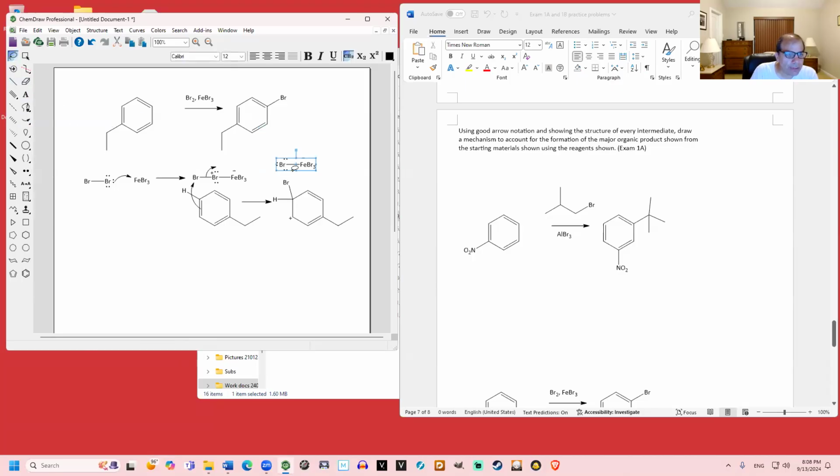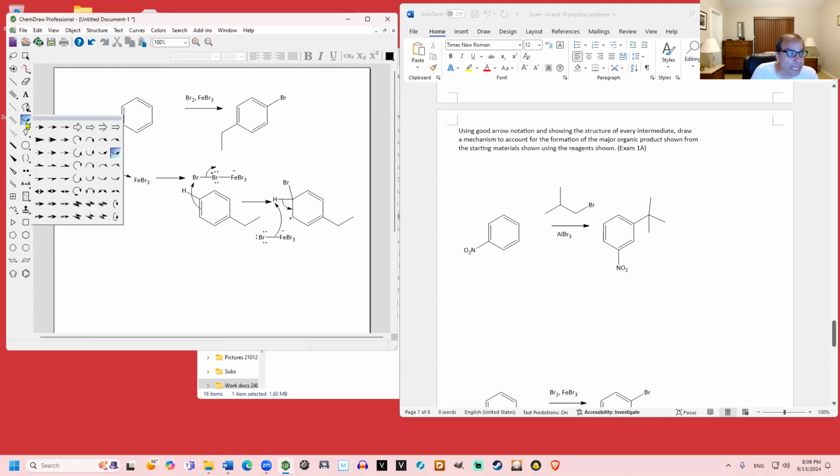I'm going to move that. I think it will look better if I draw it down there. So we take the halogen with its electron pair in the bond, and we break the carbon-hydrogen bond and move the electrons in the carbon-hydrogen bond in between those two carbon atoms and get rid of the plus charge.